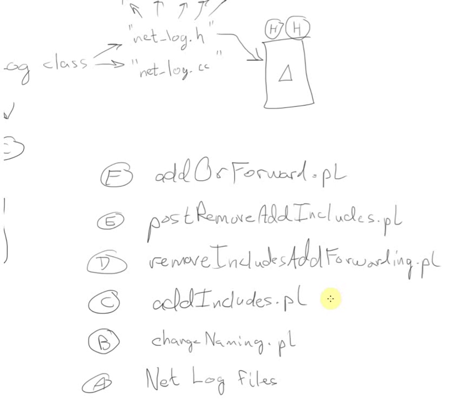The idea was, for coming up with the logic for including or forwarding, I'm going to do just a blank adding of includes across the code base. I don't know if it should be forwarded or if it shouldn't be. I'm just going to add includes everywhere that there is a name for whatever data type I want to add the include for.